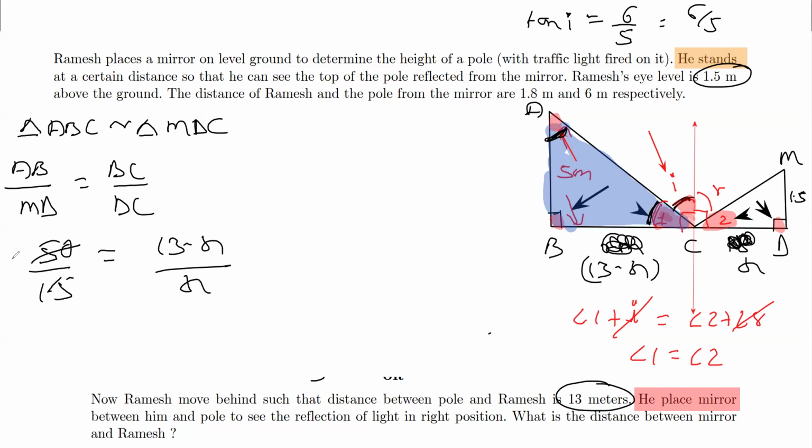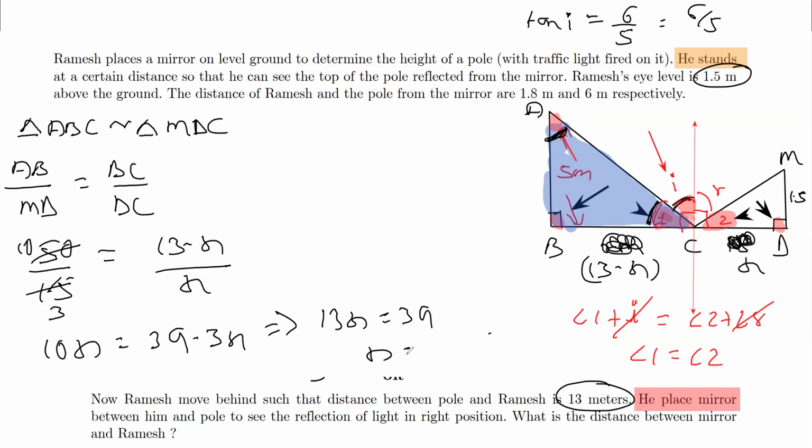So this on reducing becomes 10 over 3. Now by cross multiplication, 10x is equal to 13 into 3 multiplied by this, 39 minus 3x. If I transpose this to the left hand side, 13x is equal to 39. So x turns out to be 39 by 13, which is 3. So x is equal to 3. That is what we had to determine: the distance between the mirror and Ramesh, which is 3 meters in this case.